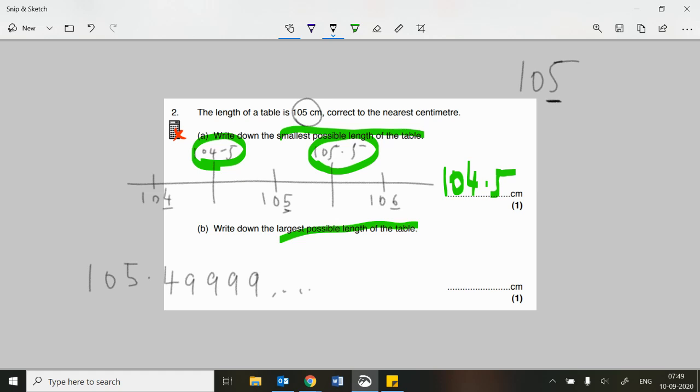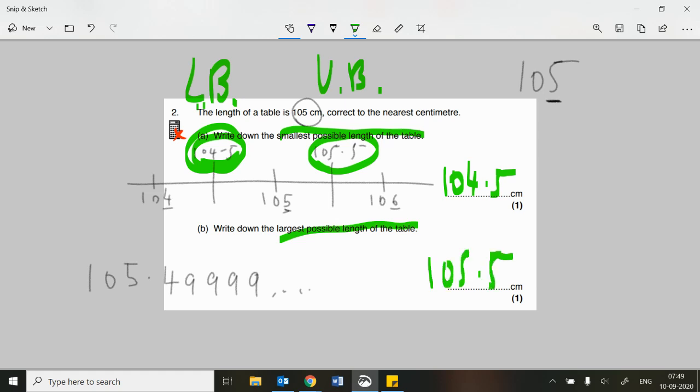So when we're not talking about whole numbers of things, like a frequency, like a number of people, for example, and when we're instead talking about measurements, then it's a bit easier. So in this case, we just say the halfway point here is called the lower bound, and the halfway point up to the next centimeter is called the upper bound. Okay, so we're just going to write 105.5 there.